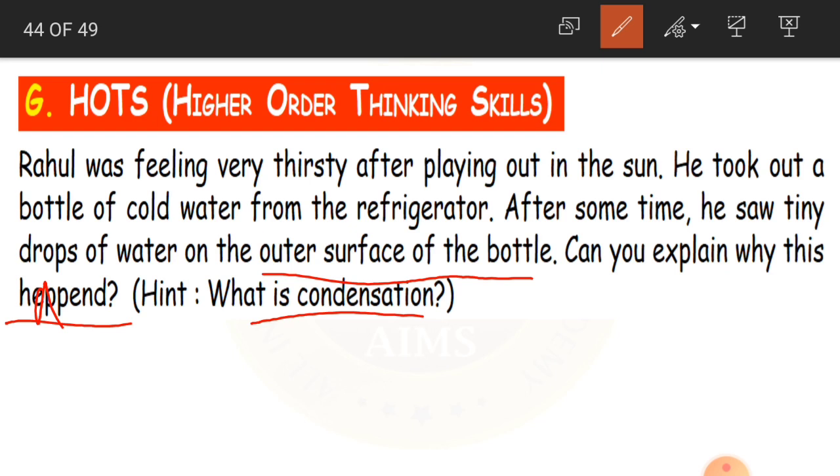Okay, children, and the answer is here, why it happened. After taking out a cold water bottle from the refrigerator and keeping it aside in the room at room temperature, Rahul observed some small drops of water on the outer surface of the bottle. So why did this happen?